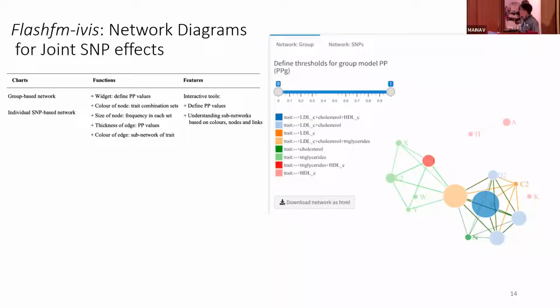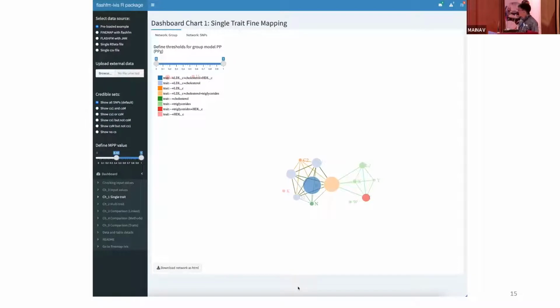If we have this color, it means maybe the information came from those 3 traits combined together. The size is about the frequency with which they appear in different kinds of combinations. If the size is big, it means some SNPs in this group may interact with a lot of different SNP groups, so maybe it's interesting to look at further. So we have this kind of dynamic network as well.